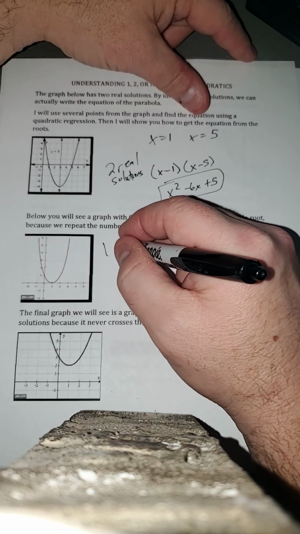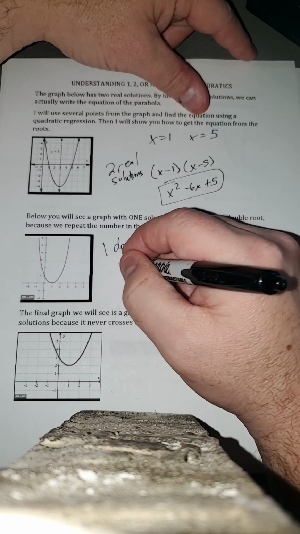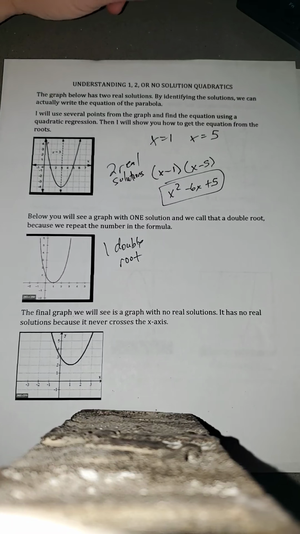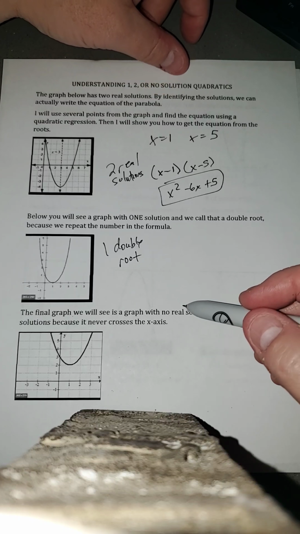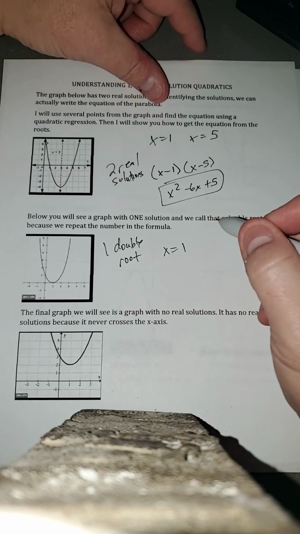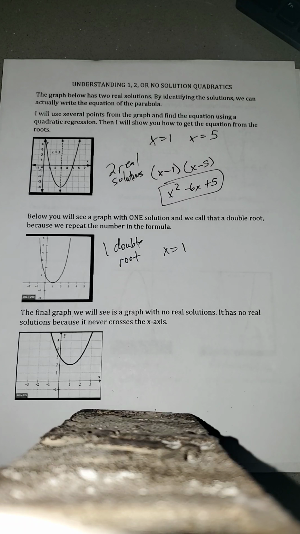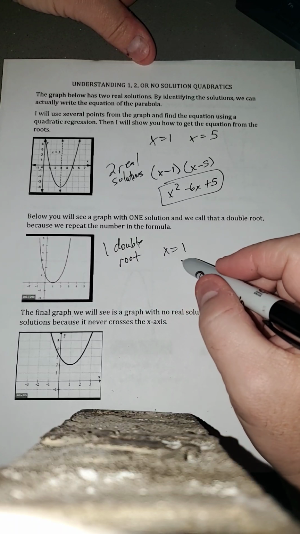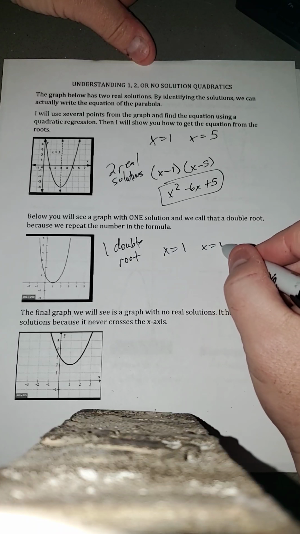We have what we call one double root. The reason it's called a double root is because, notice, x is 1. X is 1, and we're calling it a double root, which means x is 1 again.